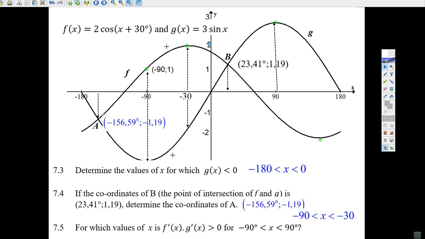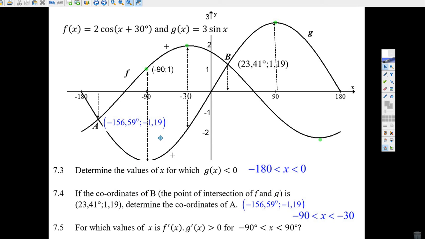This one's 23 degrees from 0, so it makes sense that this one would be 23 degrees to the right of minus 180. Go minus 180 plus 23.41, and you get your answer for the x coordinate of A, which is minus 156.59.